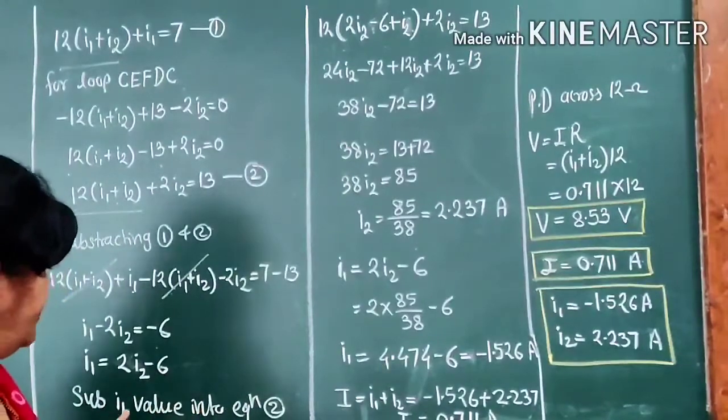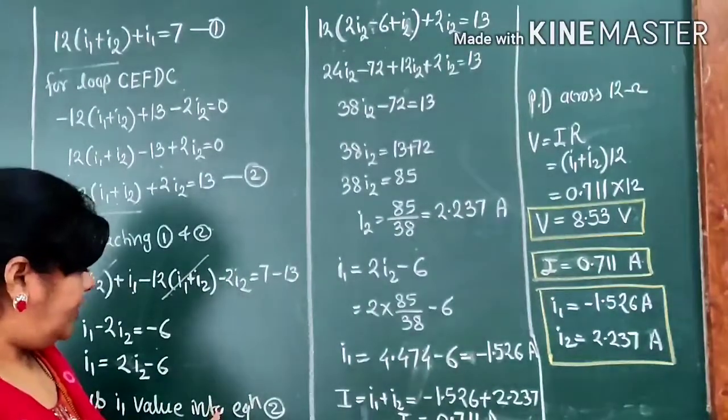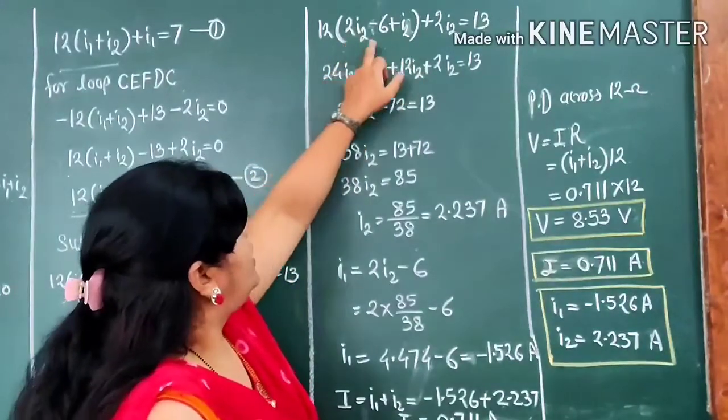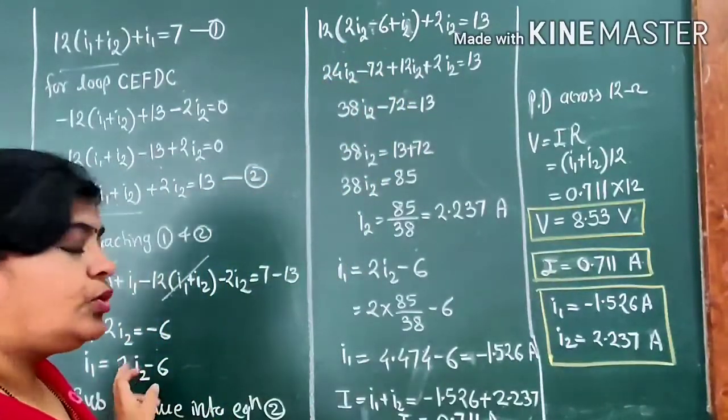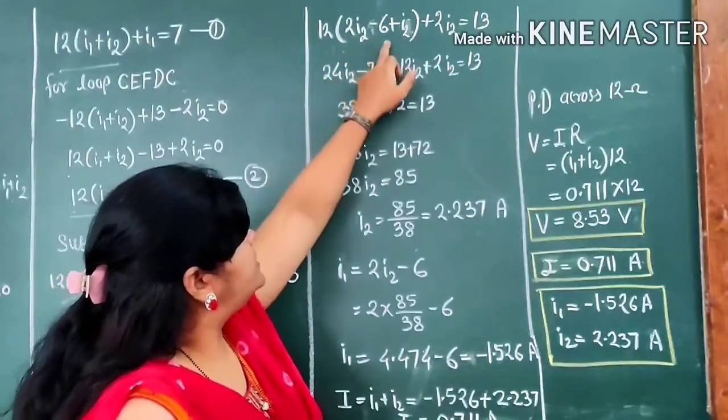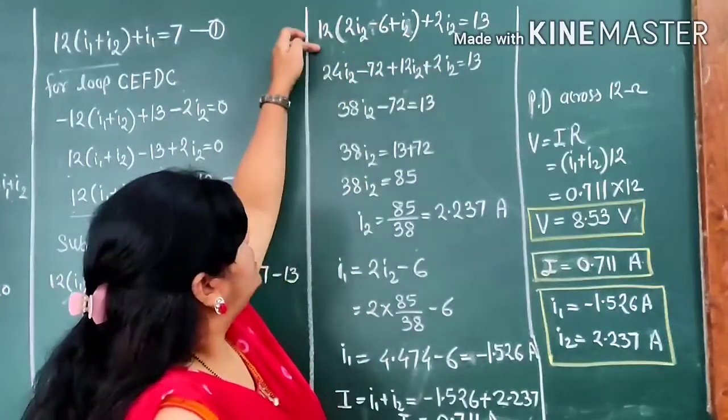After substituting the I1 value into equation number 2, the equation becomes 12 into (2 I2 minus 6 plus I2).